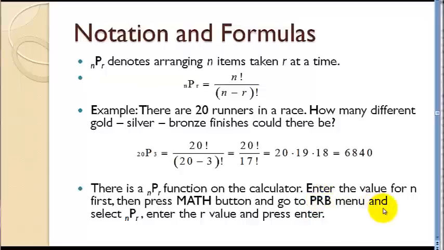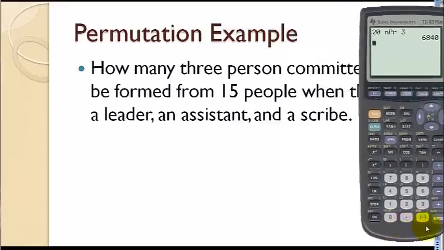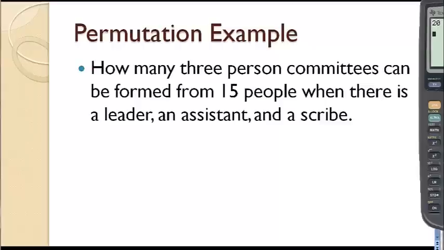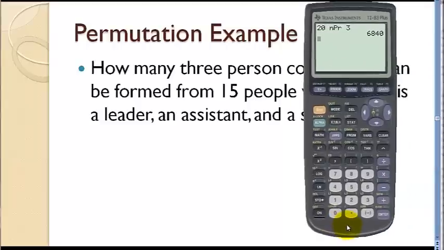So let's look at another example here. Let me bring the calculator back. Let me read the problem. We've got 15 people, and we're forming committees, and the different committees would have different leadership positions, so the order does matter. So to do this one, it's going to be 15, and it's a permutation because we are assigning roles.